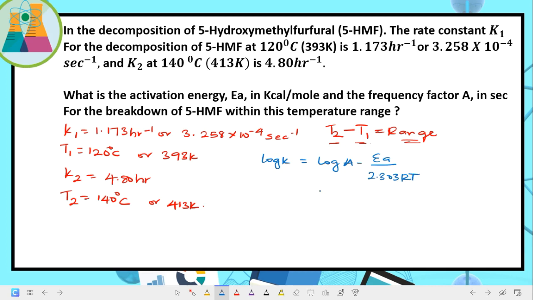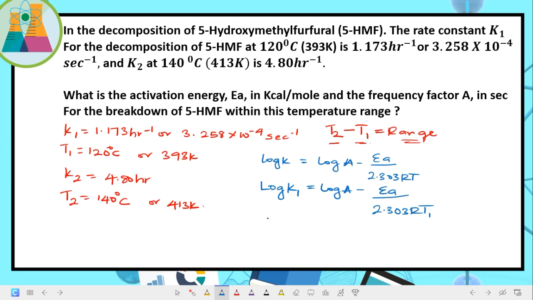Now we are going to split this for both constants and temperatures. So for the first temperature and constant, log K1 is equal to log A, where A still remains the same, minus EA all over 2.303 RT1.